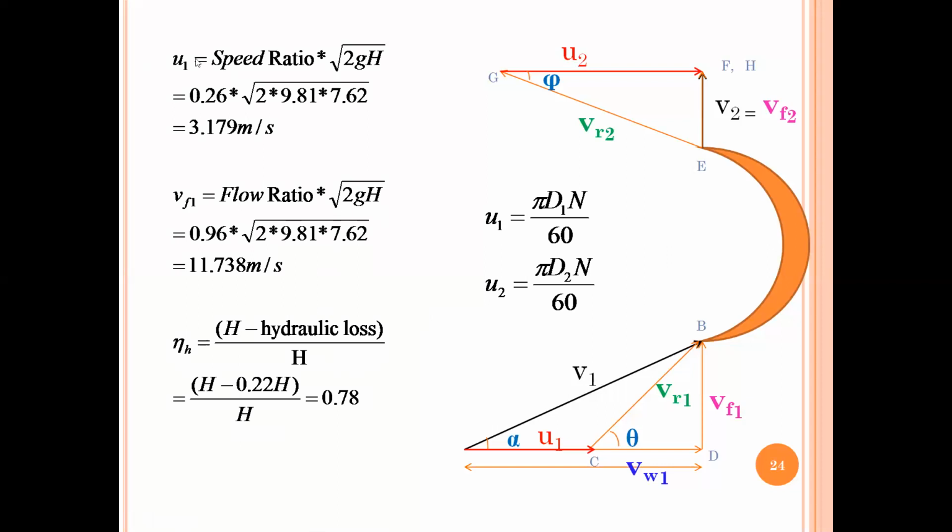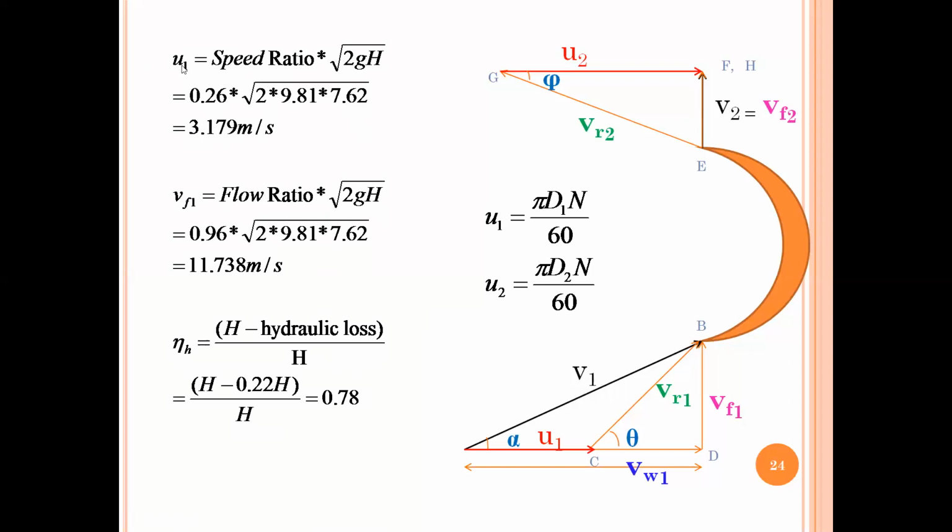I'll be calculating U1 first, that is speed ratio into root 2gH. The speed ratio is 0.26 into root 2gH. Your H is 7.62. I'll be getting U1 value as 3.179 meter per second. Next is the velocity of flow at inlet, flow ratio into root 2gH.